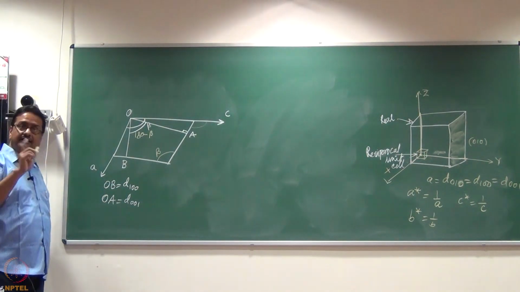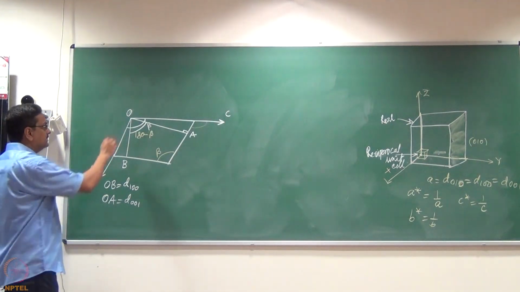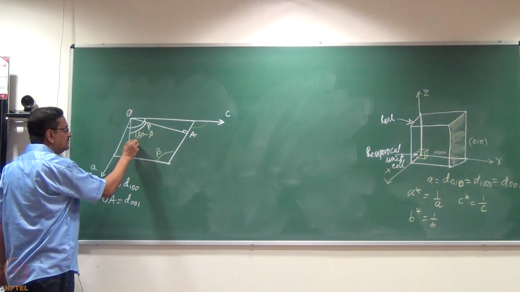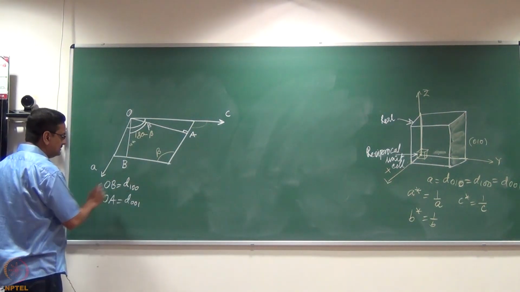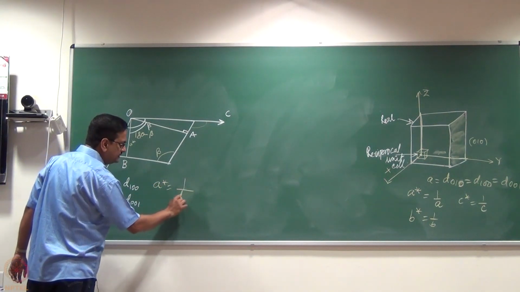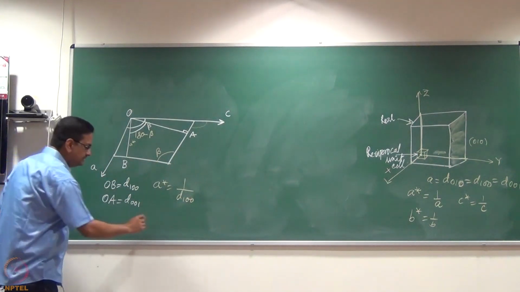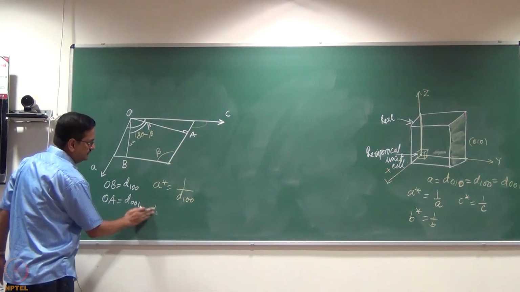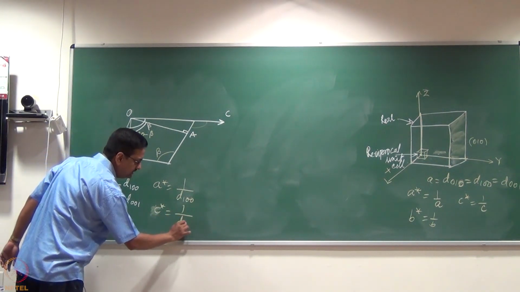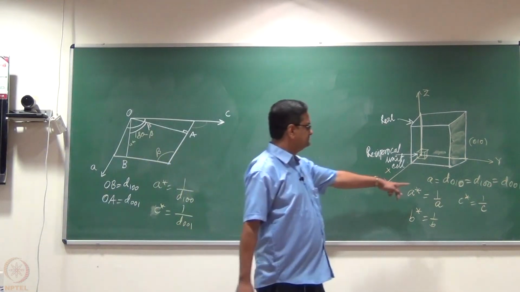So now my reciprocal lattice of monoclinic would correspond to A star, which is equal to 1 by d100, and C star would be 1 by d001, because it is like that.